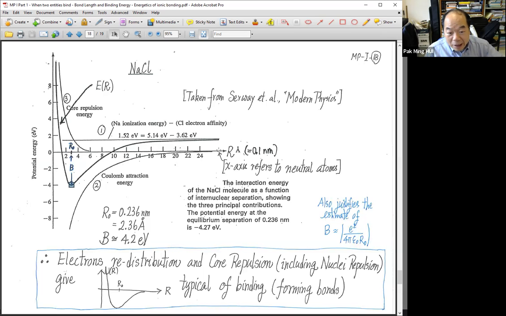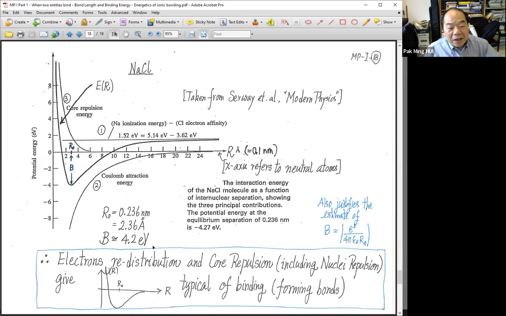Remember, the zero here means two neutral atoms far, far apart. Not here. Here means sodium plus and chlorine minus far, far apart. It is already 1.5 eV higher. You need energy to do that. So this depth here is the binding energy. From the curve, you can read out that this is 2.4 angstrom, and the binding energy depth is about 4.2 eV.